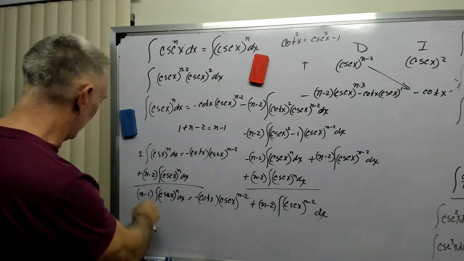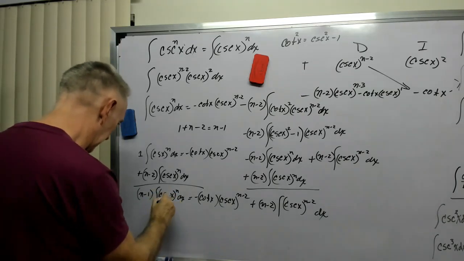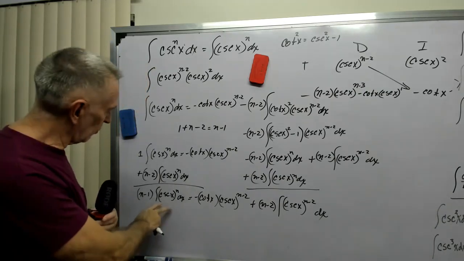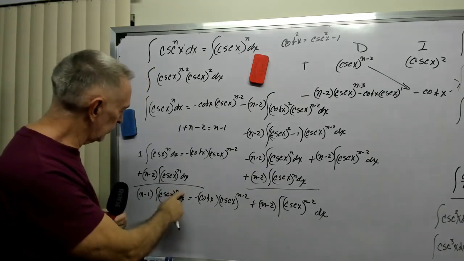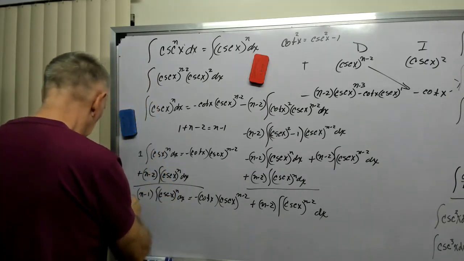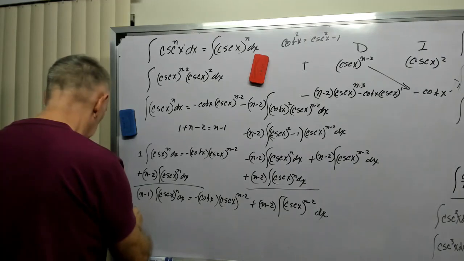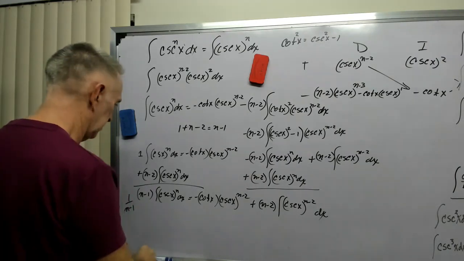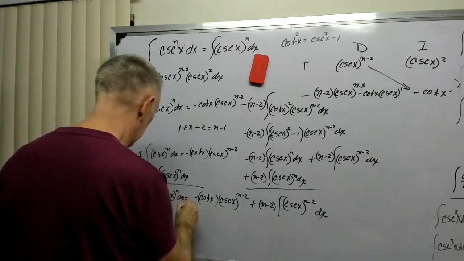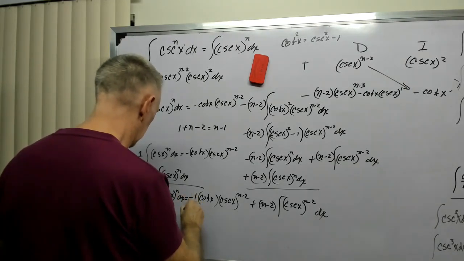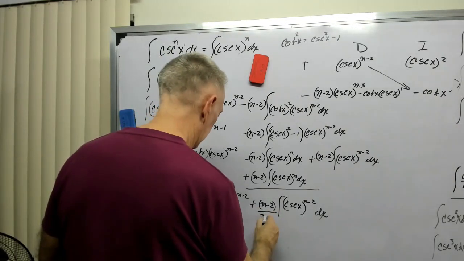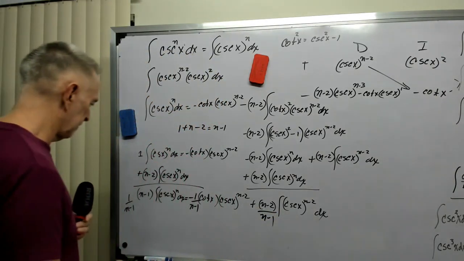Okay, I don't want to know, and that's pretty sloppy, what n minus 1 times the integral of cosecant x to the n is. I want to know just what one of them is. So I'm going to multiply this by 1 over n minus 1. And if I do that on this side, keep that negative here, 1 over n minus 1. And I'll just put that one n minus 1 there.